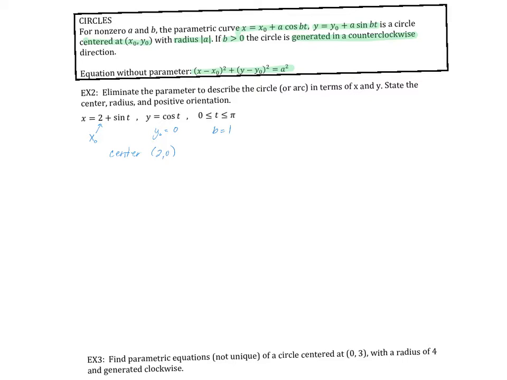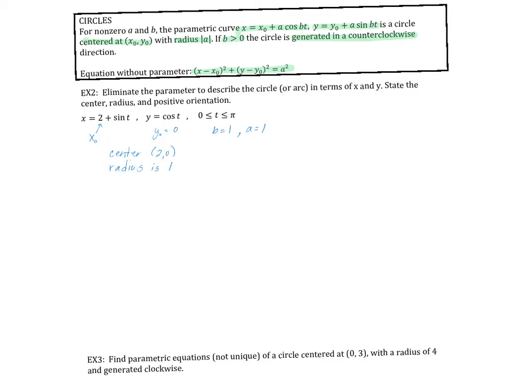Now when we look at the radius, we're looking at the coefficient on sine and cosine. And here, that would be our a value. Our a value is 1. So that means my radius is 1. And the question is, what is the direction that it's being generated in?